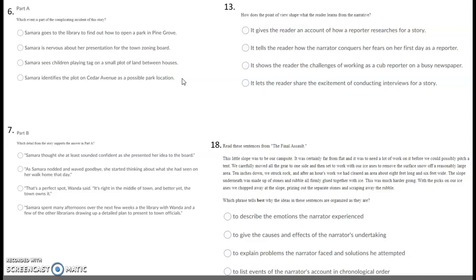So when it says what event is a part of the complicating incident, that really has to do with the observations she experiences on the way home that lead her to the complicating incident. So this children playing tag, in addition to, again, she saw Mr. Peters reading the newspaper and didn't know how he could possibly concentrate because the traffic was whizzing by.